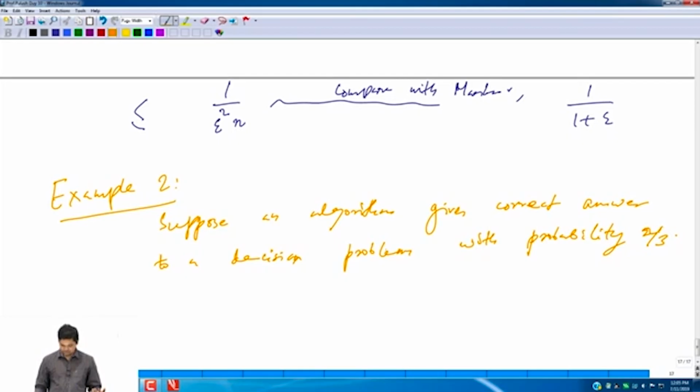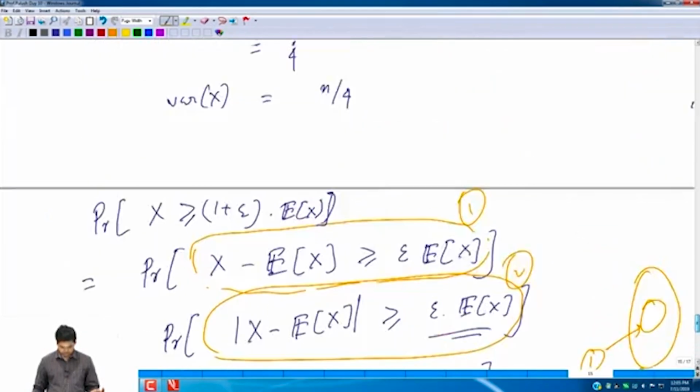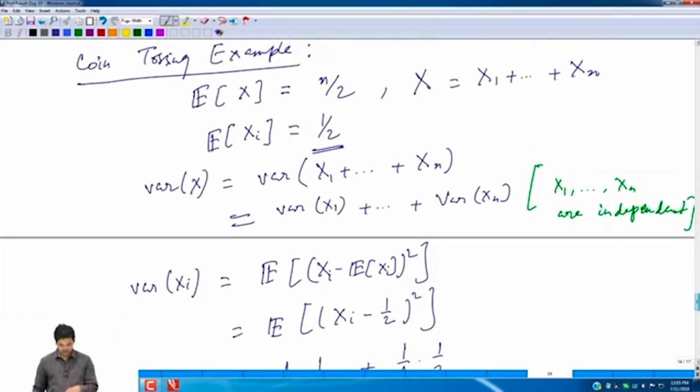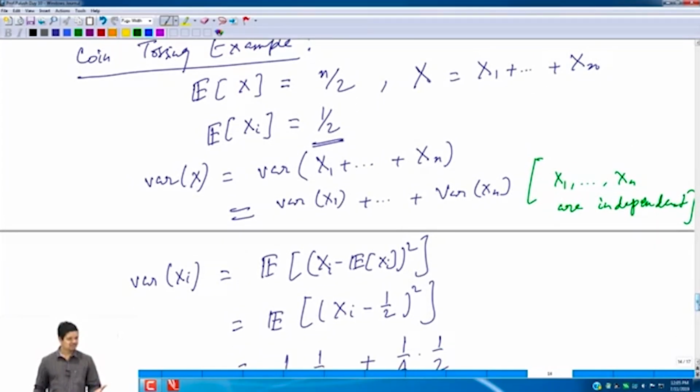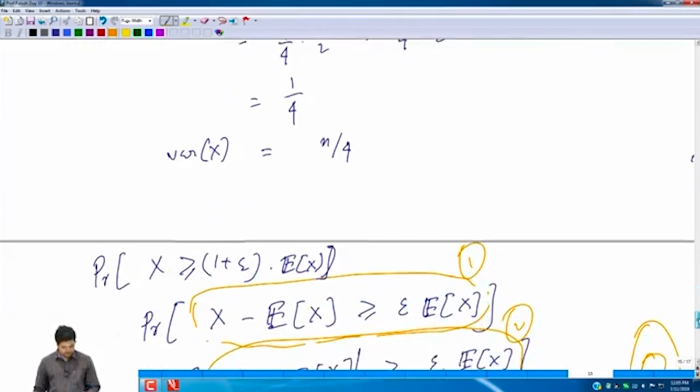Again, using the same calculation, it's like tossing a coin which comes up head with probability 2/3. Then your expectation will not be n by 2, it will be n by 3, and your variance also will change appropriately.